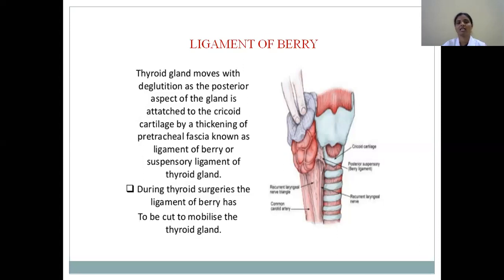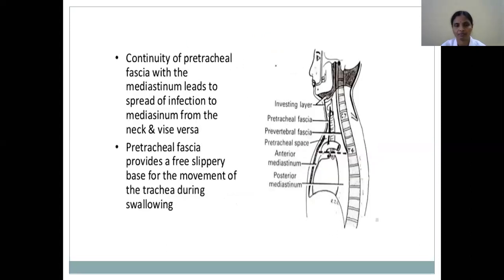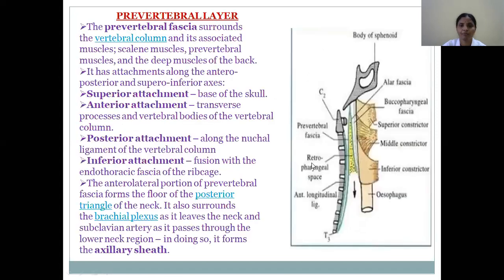During thyroid surgeries, the ligament of Berry has to be cut to mobilize the thyroid gland. Then the pretracheal fascia continues with the mediastinum. This is very important, because in front of that there is a chance of spread of infection towards the mediastinum. So the pretracheal fascia extends from the hyoid bone down to the mediastinum.